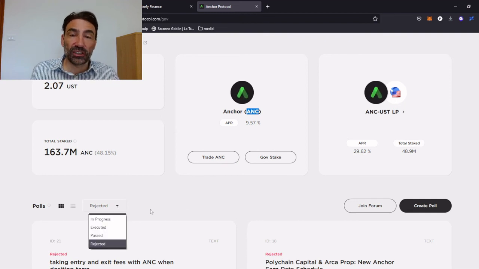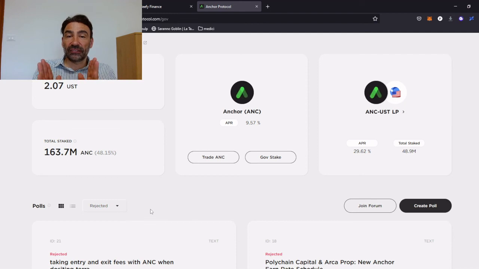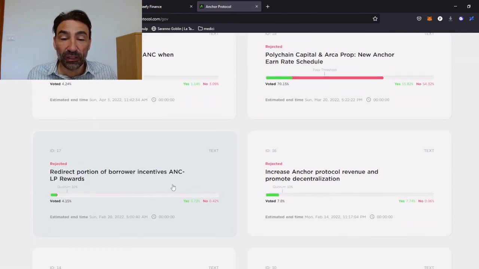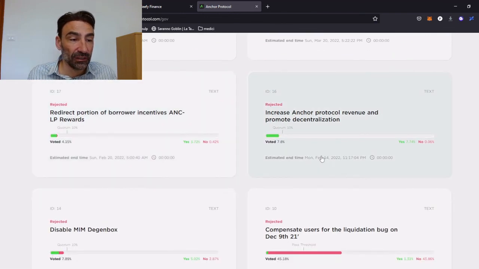So usually these proposals have an implementation time of at least one week to give everybody the opportunity to withdraw all the money before the rules change. Because if you have some rules which completely change, like this one, for example, where is it?